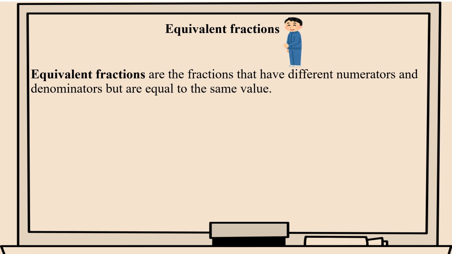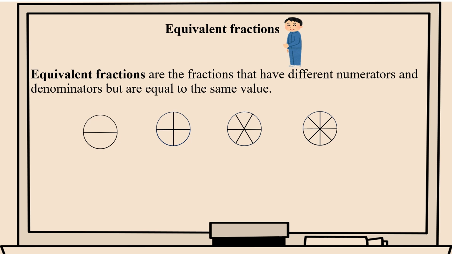How is it possible? For that, let's take four identical circles. Each of these circles is divided into equal parts. The first one is divided into two equal parts, here four equal parts, here 6 equal parts, and here 8 equal parts. Now if I say I want only half of this, then what fraction is this?